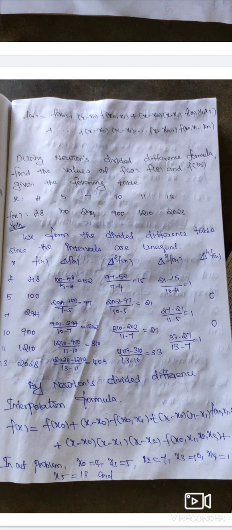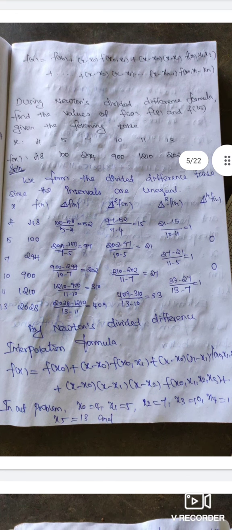So we get 100 minus 48 divided by 5 minus 4 is equal to 52, and also 294 minus 100 divided by 7 minus 5 is equal to 97, and 900 minus 294 divided by 10 minus 7 is equal to 202. 1210 minus 900 divided by 11 minus 10 is equal to 310. 2028 minus 1210 divided by 13 minus 11 is equal to 409.